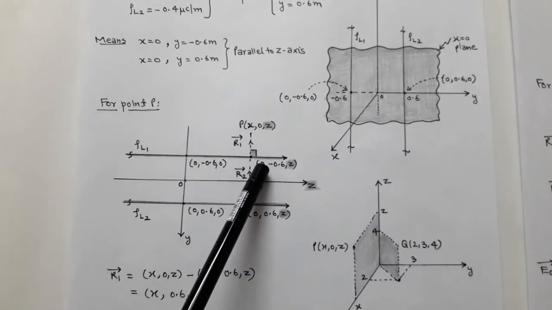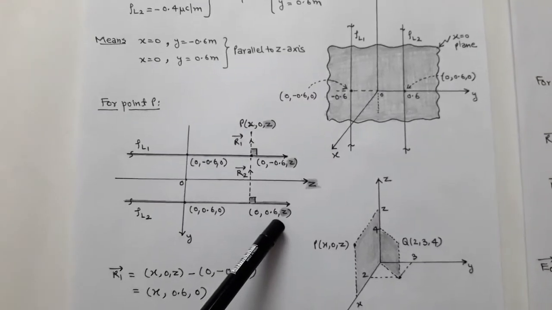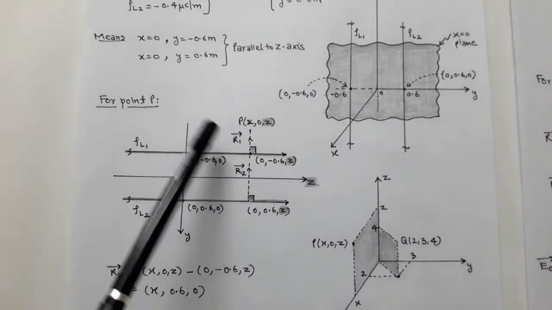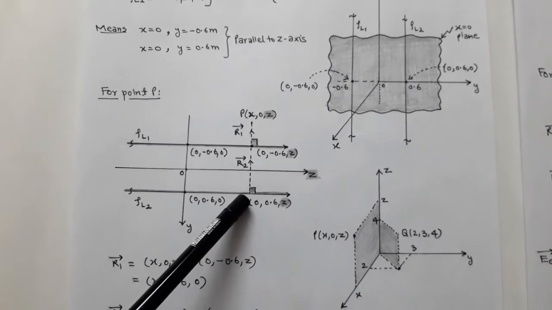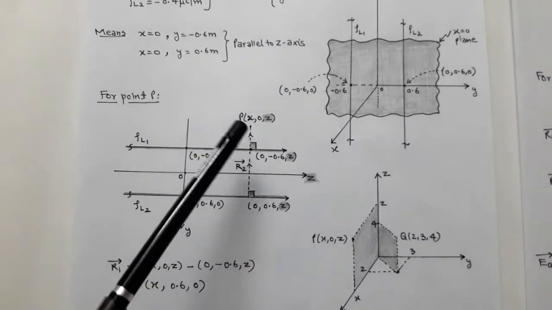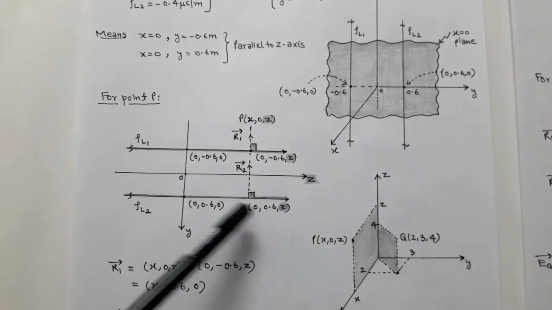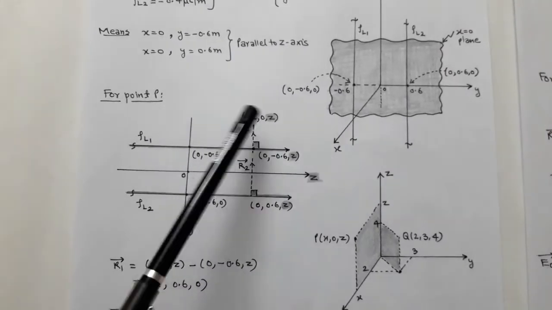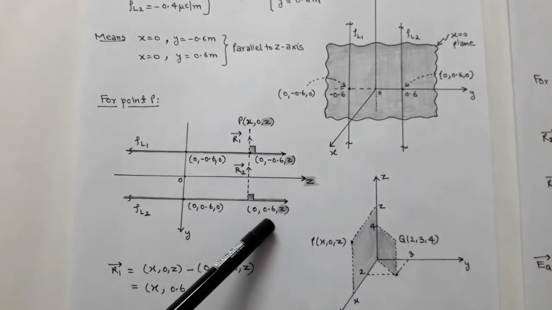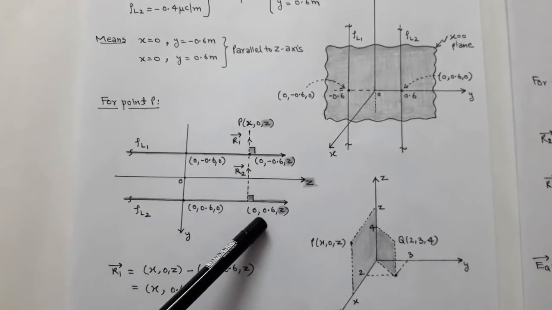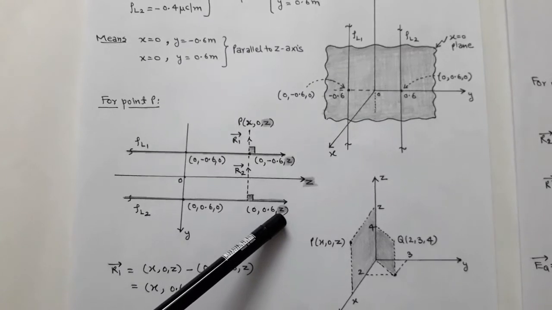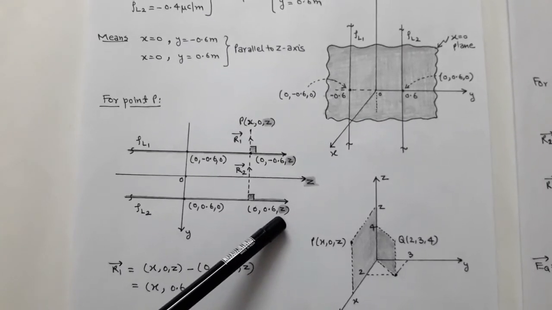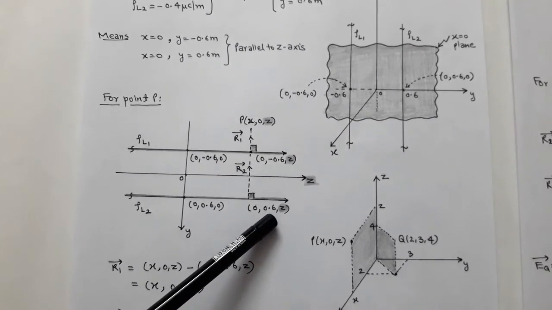Similarly, we have to draw a perpendicular from point P onto line rho L2. So here also the z coordinate should be the same. Here the z coordinate of point P is z, so the point on rho L2 should also be 0, 0.6 and z.